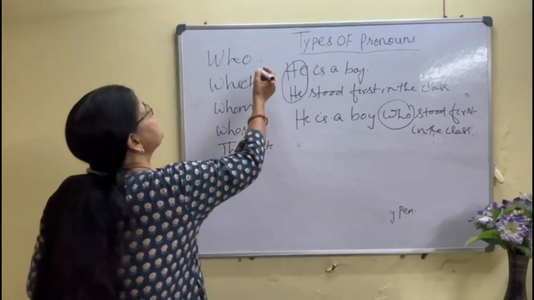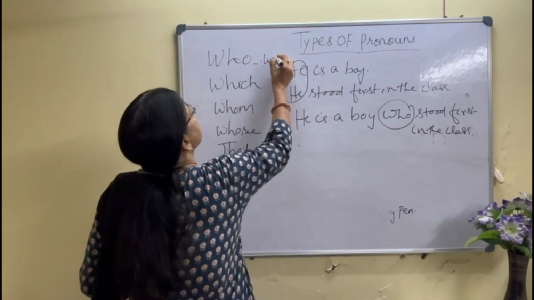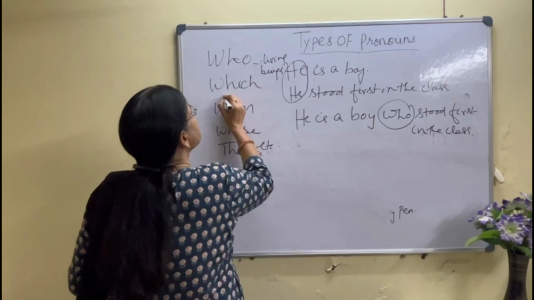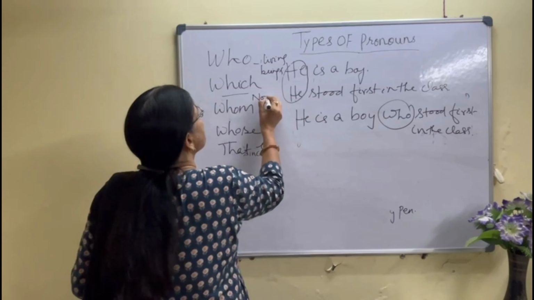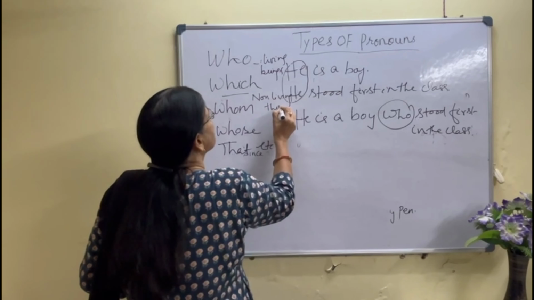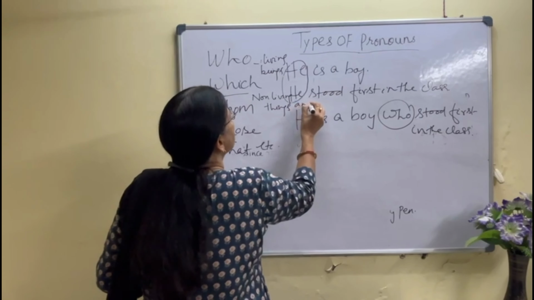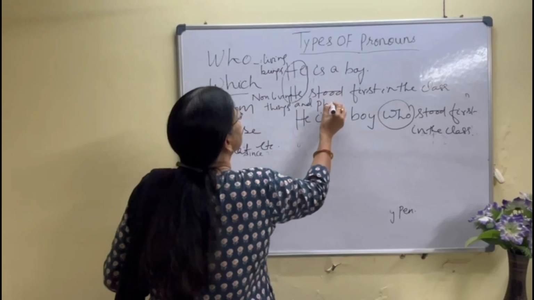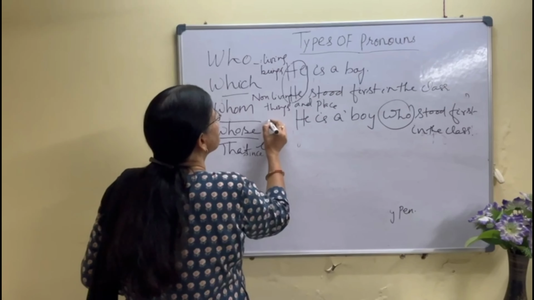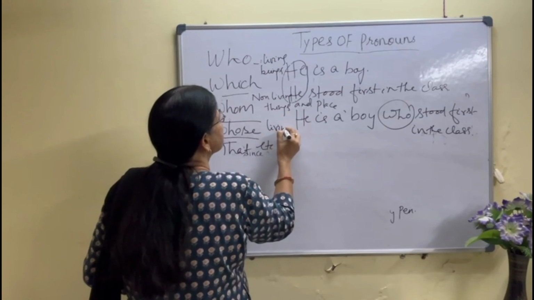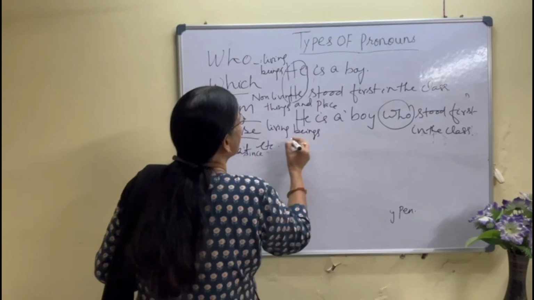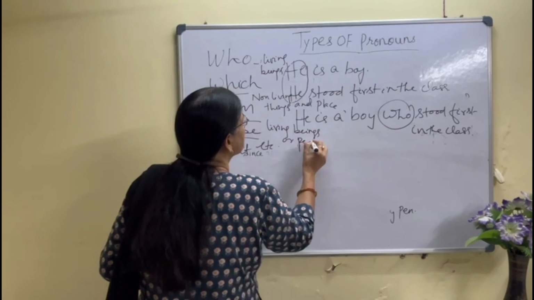Generally in English grammar, who is used for living beings, which is used for non-living things and place, whose and whom are all used for living beings or persons.